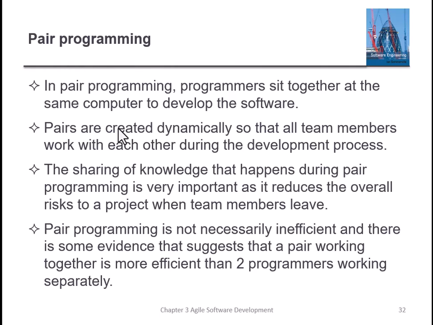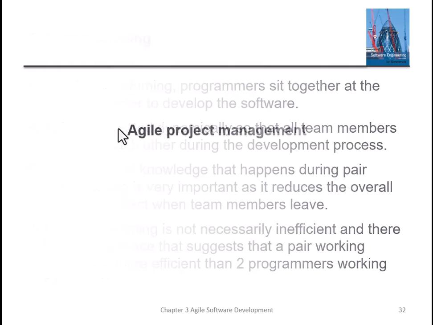If they are working separately, as in the traditional programming approach, different thoughts and different approaches come to their minds. When two sit together, they negotiate their thoughts, and if there are conflicts on some requirements, they negotiate, and through negotiation conflicts can be resolved, and there is always a chance of better improvement.